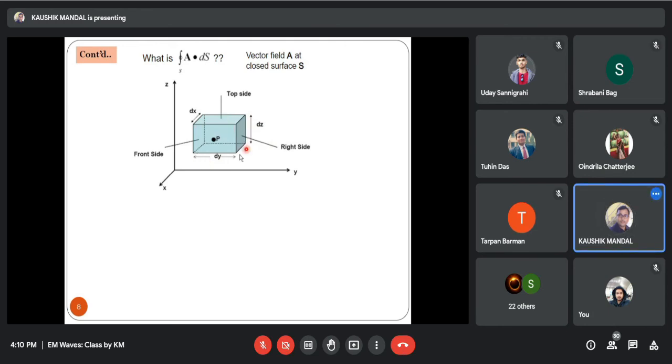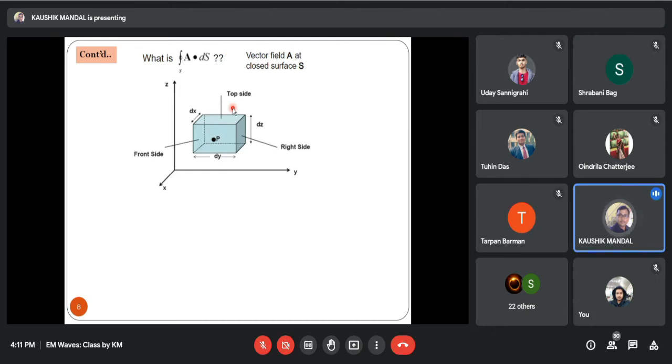There are basically 6 surfaces for this cuboid. Out of these 6 surfaces, these two are equal. Similarly, the top and bottom are equal, and this side and this side are equal.